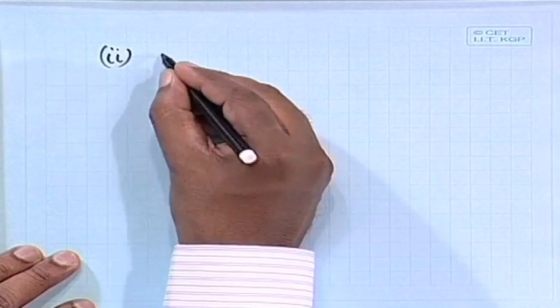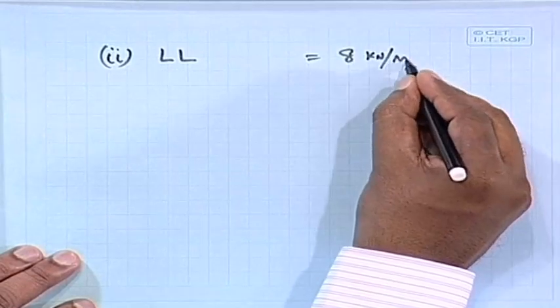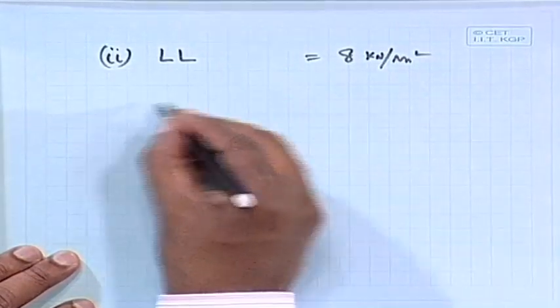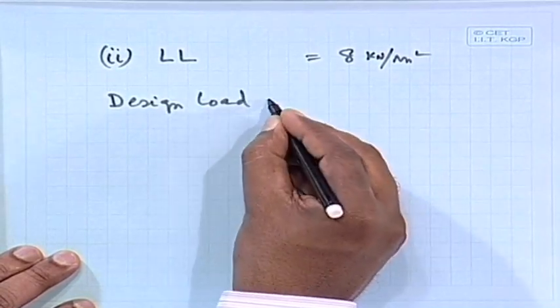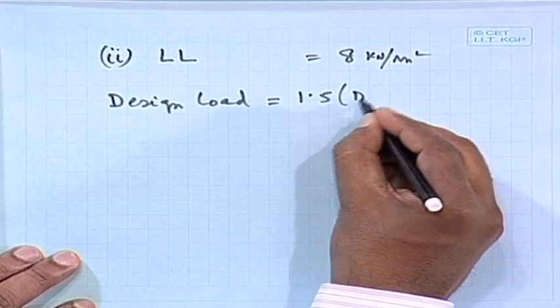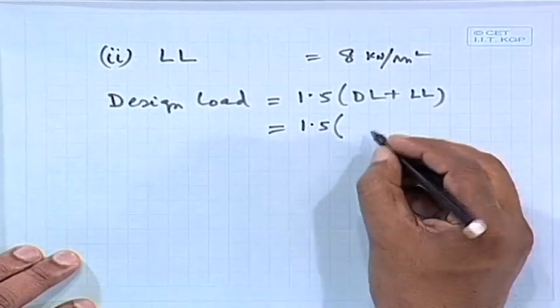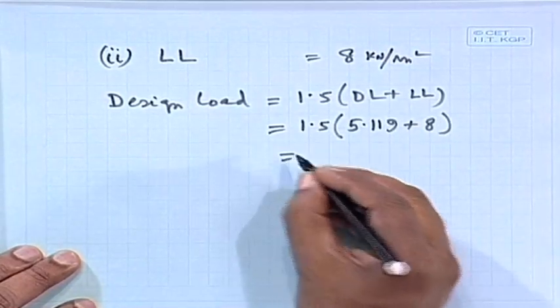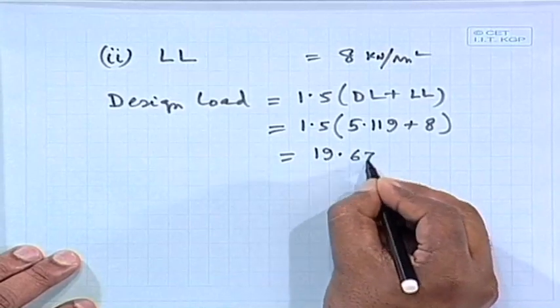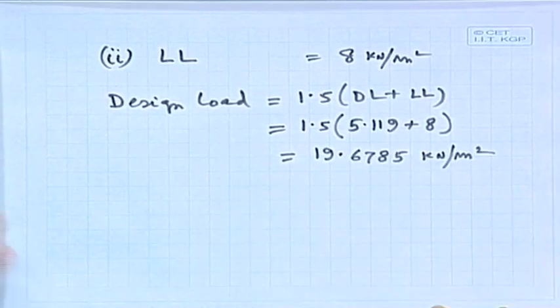Live load, number 2, live load equal to 8 kilonewton per square meter. Therefore, the design load, or factored load, equal to 1.5 times dead load plus live load, equals 1.5 times 5.119 plus 8, equals 19.6785 kilonewton per square meter.